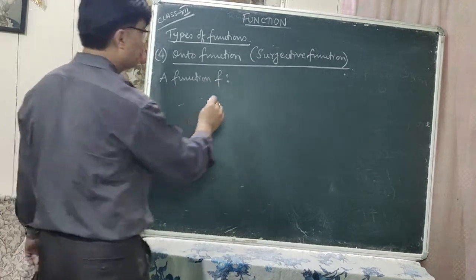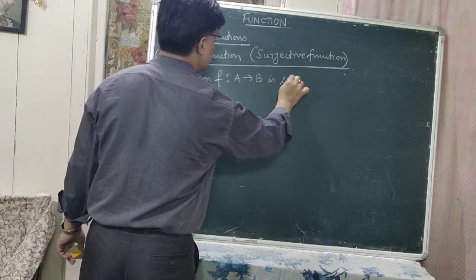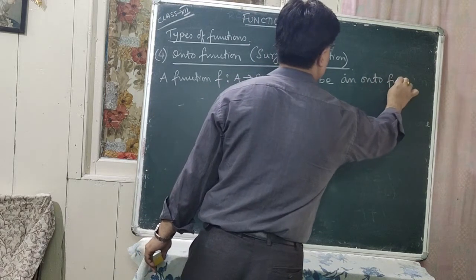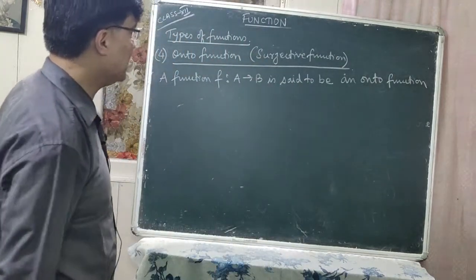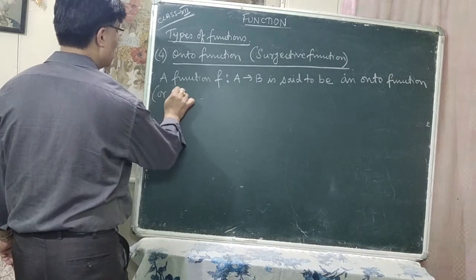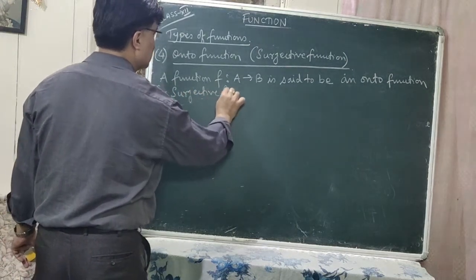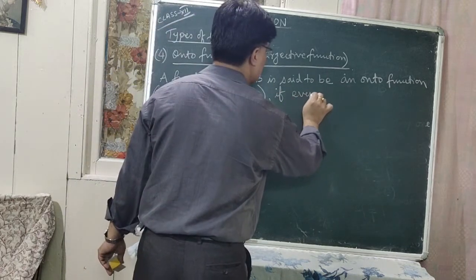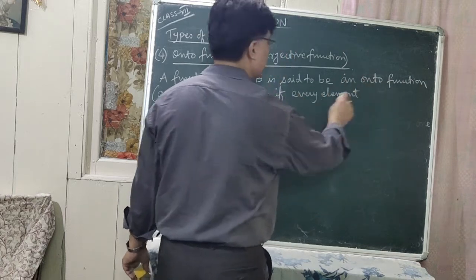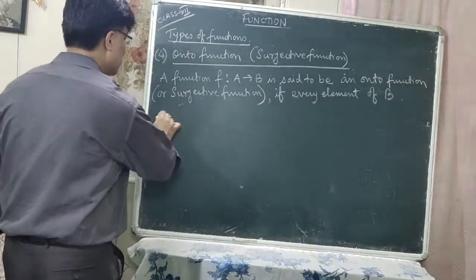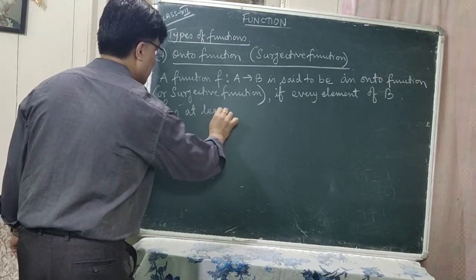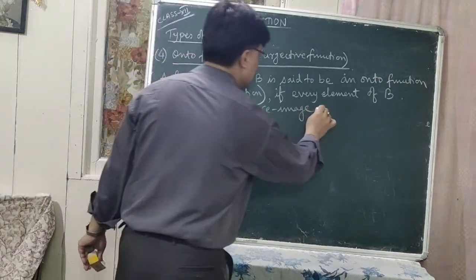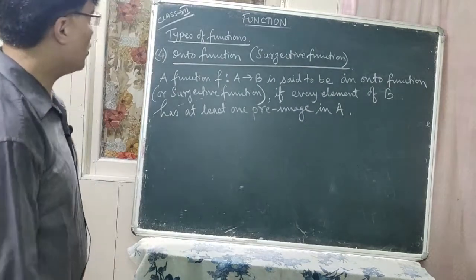A function f such that a to b is said to be an onto function or surjective function if every element of B has at least one pre-image in A, right? So onto function को definition के रहेछ?